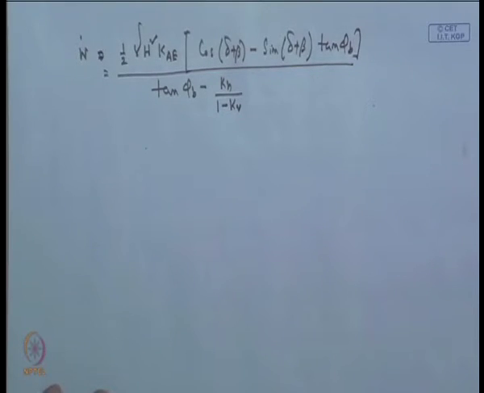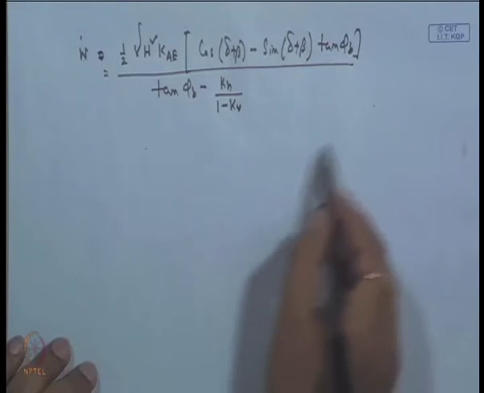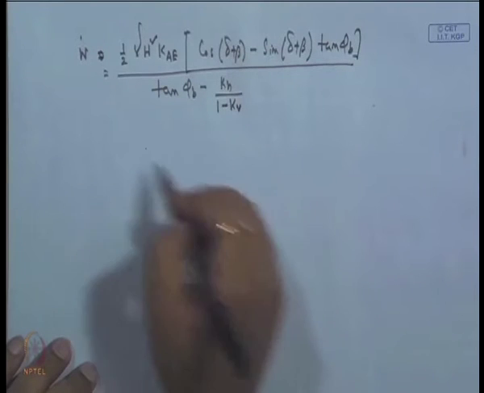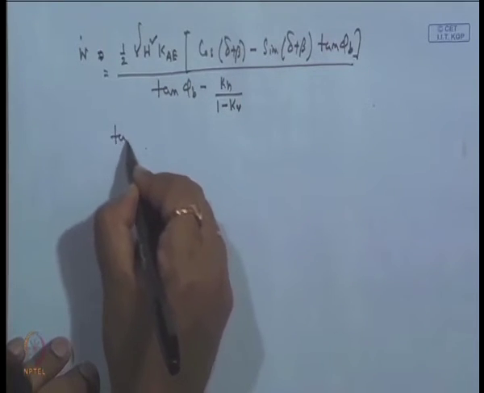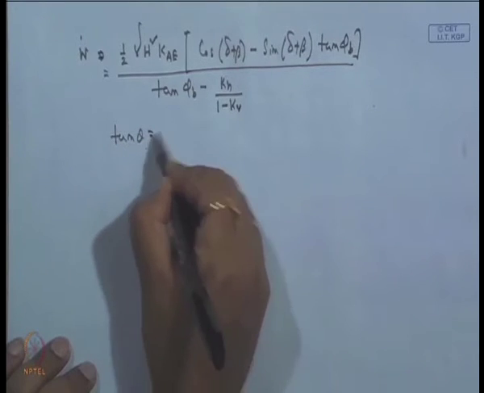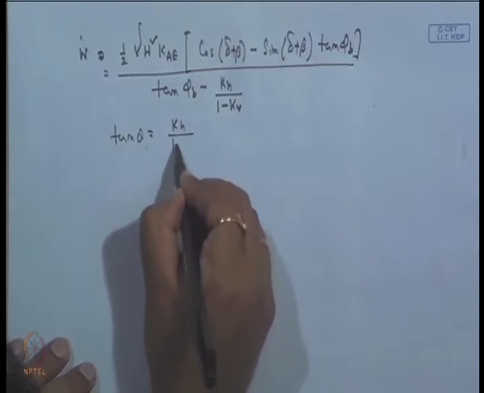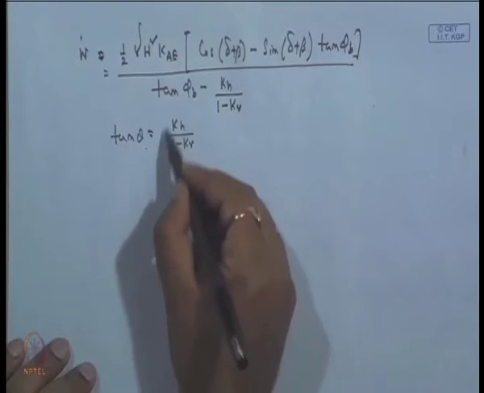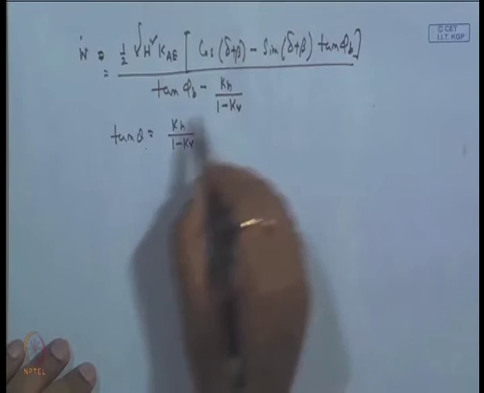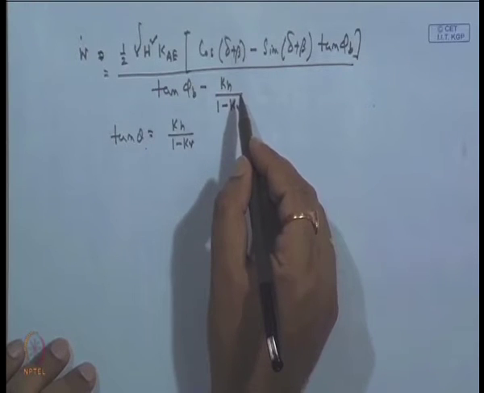So, now this expression will give you the final expression of the W. W means weight of the gravity retaining wall. Now, we know that tan theta is equal to k h divided by 1 minus k v. So, we can replace this k h by 1 minus k v by tan theta.